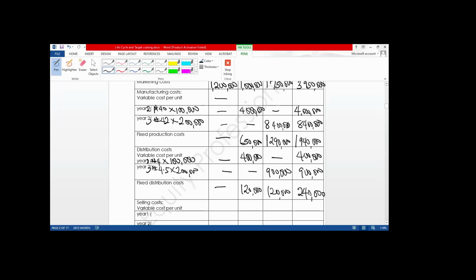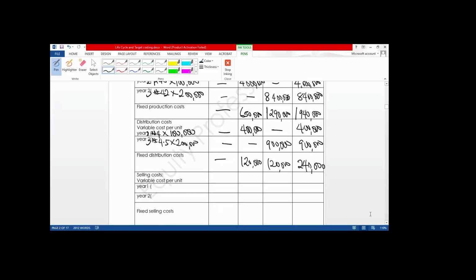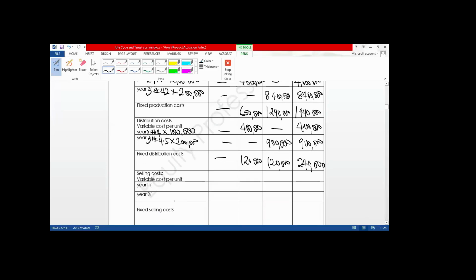Then go to your selling cost. We have variable selling and fixed selling. What is variable selling for year 2? 3 naira, and we are going to sell 100,000 units. That will give me 300,000.